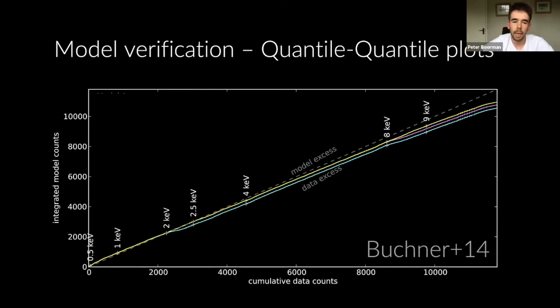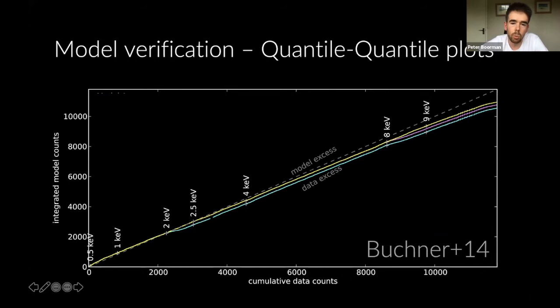The benefit is that you don't have to bin anything, so it's completely unbinned, and you can really pick out the finer points where your model might be missing something. Marked on this particular plot from Johannes' 2014 paper are the different energy bands where particular effects start to come in for the different models shown with the three colored lines.